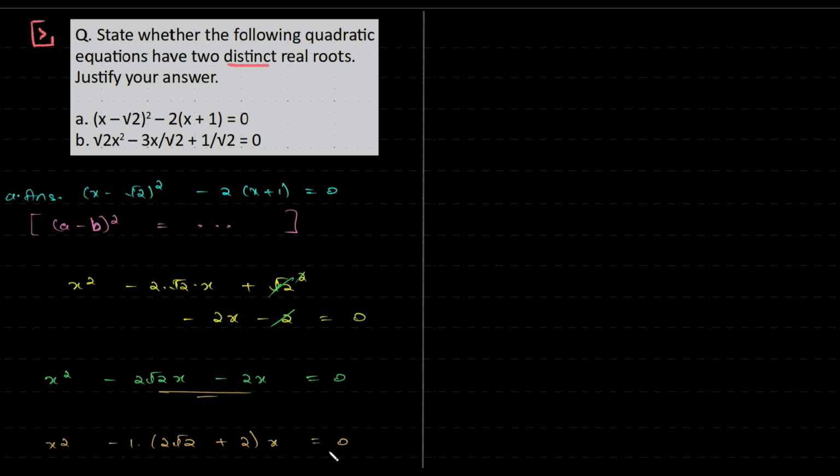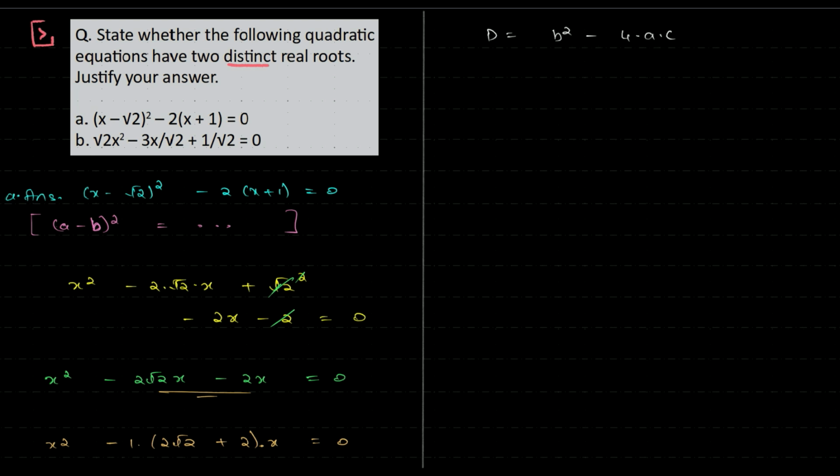Does that make sense? We took minus 1 and x common, and the remaining part is this. I hope that's okay.